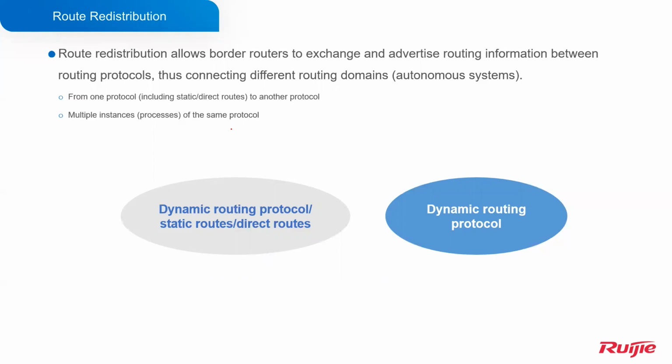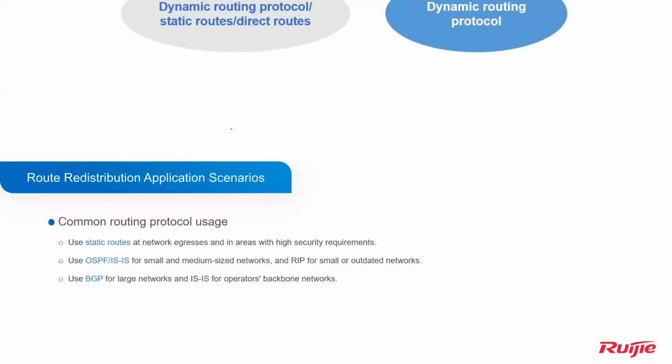For example, from a dynamic routing protocol to another dynamic routing protocol, from static to dynamic, or from direct routes to dynamic. This is called route redistribution. Actually, route redistribution is using some commands to manually exchange routing entries between different routing protocols.